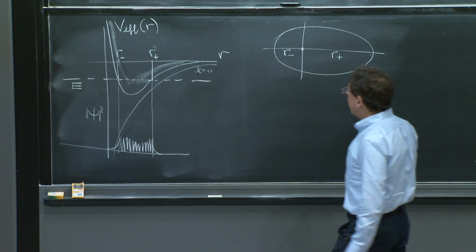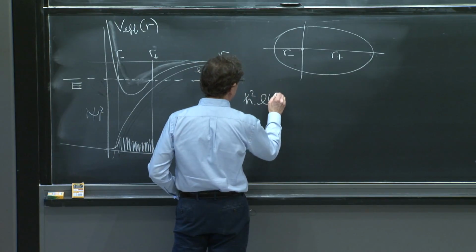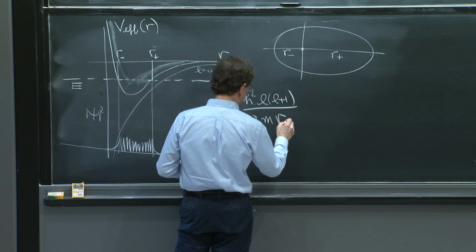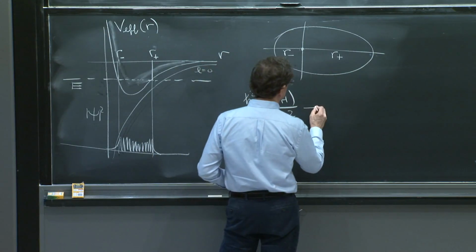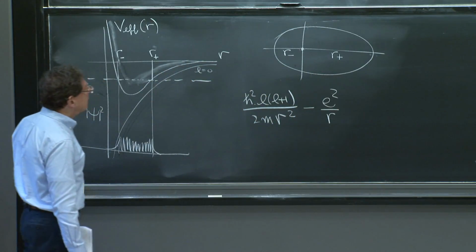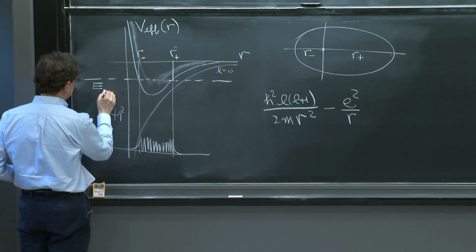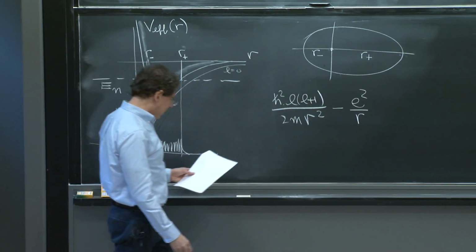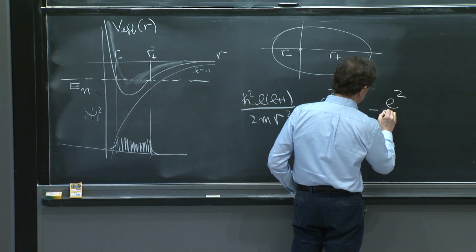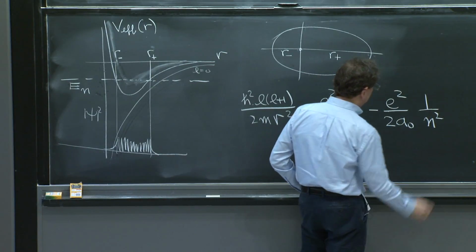So how do we do that? Well, we set ħ² L(L+1) over 2mr², minus e² over r, that's the effective potential, equal to the energy of some level, principal quantum number n, so it would be minus e² over 2a0, 1 over n squared.